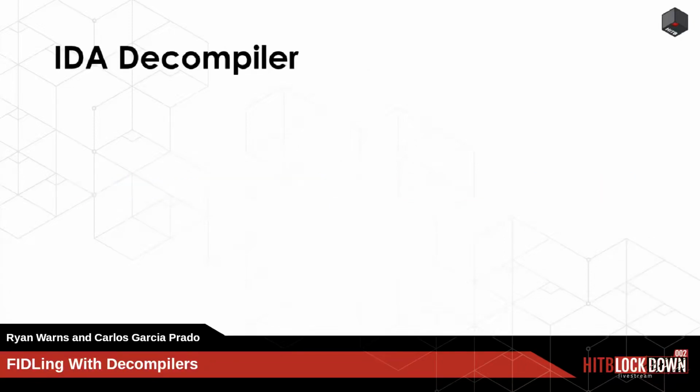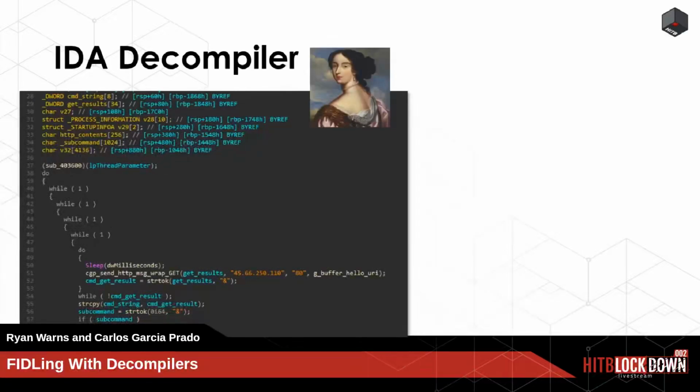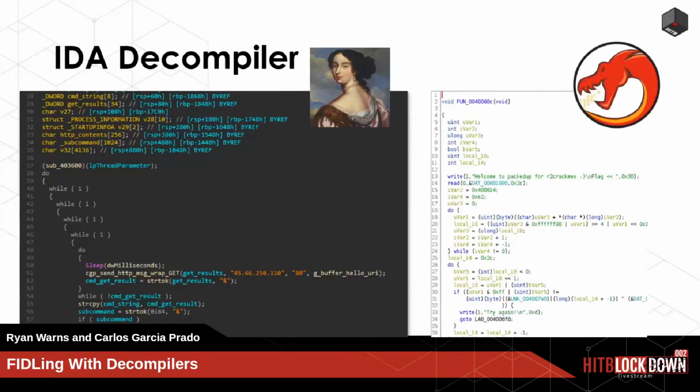But for this talk, luckily what we're going to be able to rely on is that a lot of this fancy work, a lot of this magic, a lot of this computer science is already done for us with tools like IDA on the left or Ghidra on the right, where they've already gone through that process of taking assembly code, lifting it into a higher level representation, and then they produce the end result, which is shown on the screen here, which looks a lot like C code, maybe not very pretty C code, but pretty enough for us to process and understand.